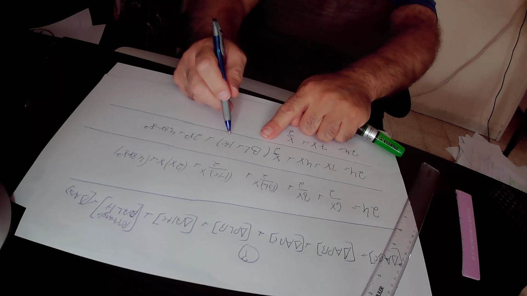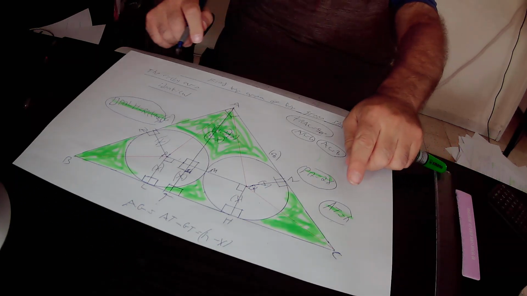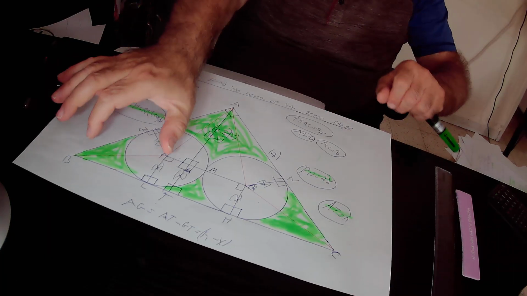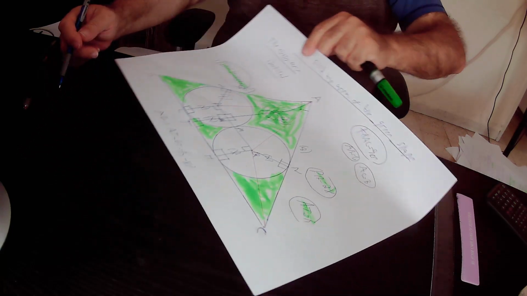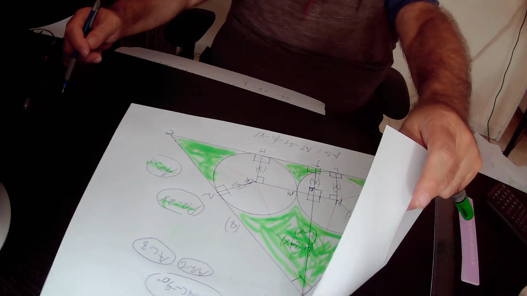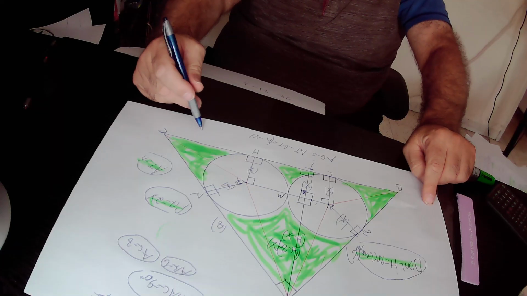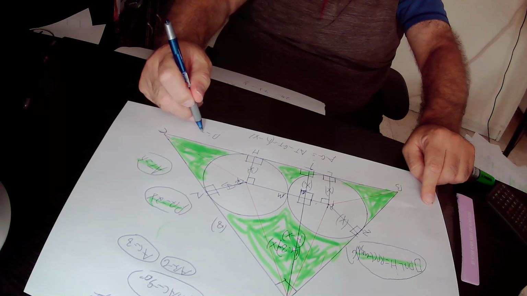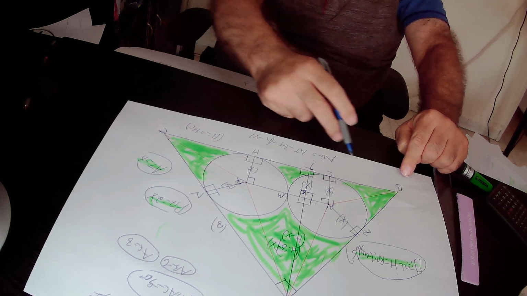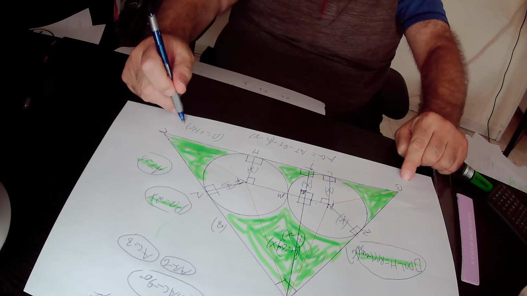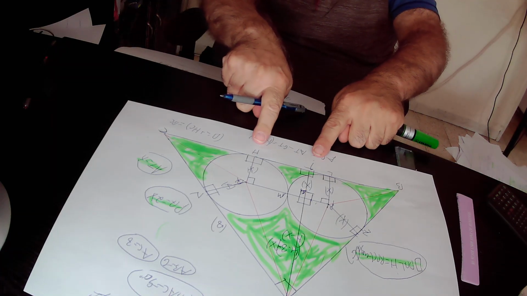What is the value of BL plus HC? BL plus HC will be equal to BC minus TH.